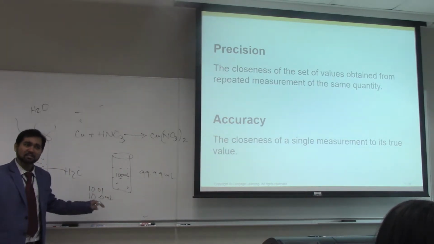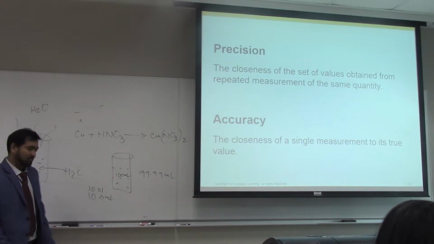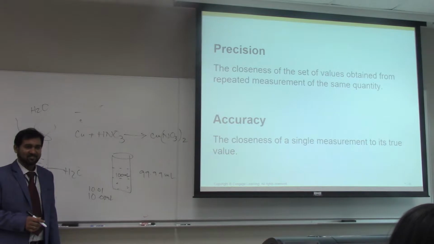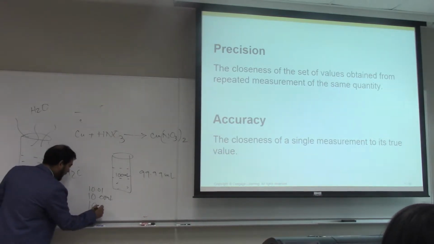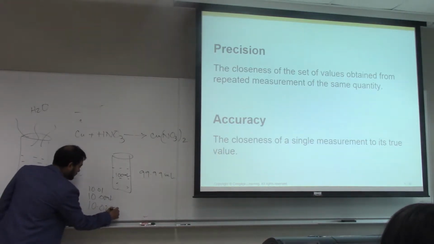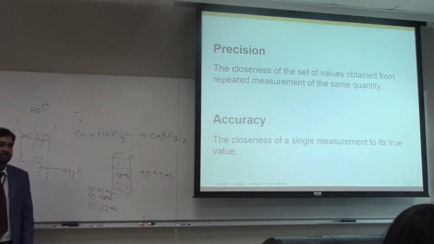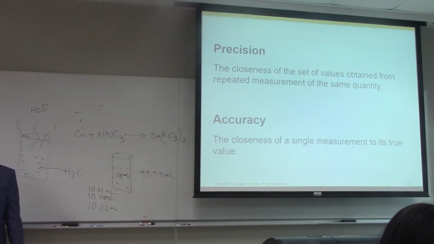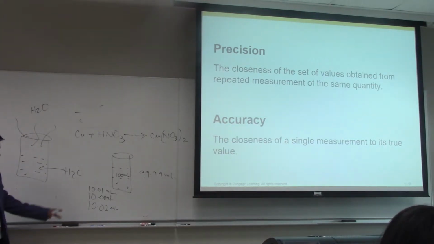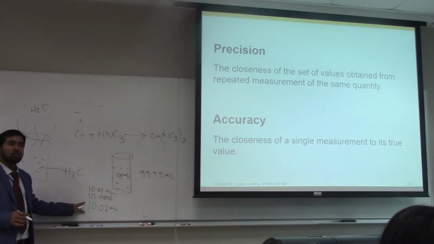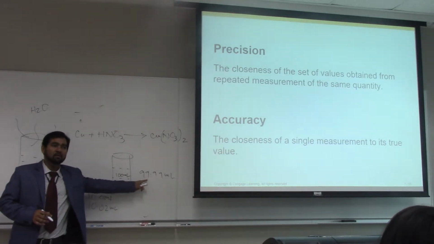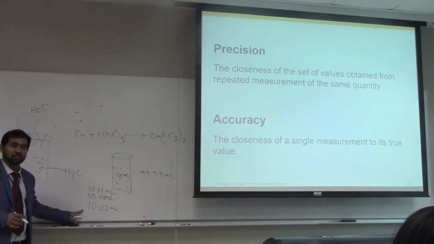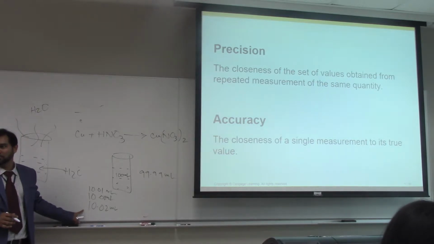Look at that, I got 10.01. And then I said, okay, try again, I know you are wrong. You said, Dr. Haque, I tried, I got 10.02 milliliters. You see? You tried 3 times because your scale is wrong, or you haven't learned how to read the scale. Then you got 3 different values, and all are far away from the true value. But your results are repeatable, reproducible. That gives you a lot of confidence to fight with me, right? Maybe.